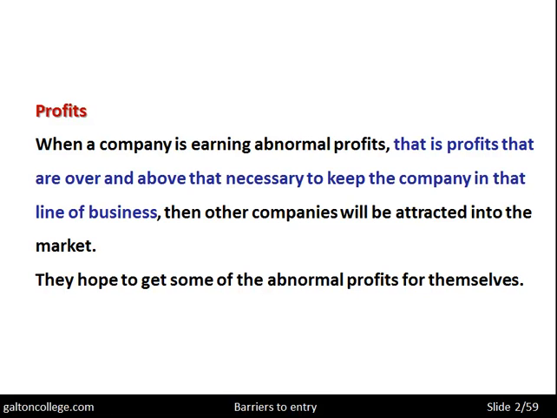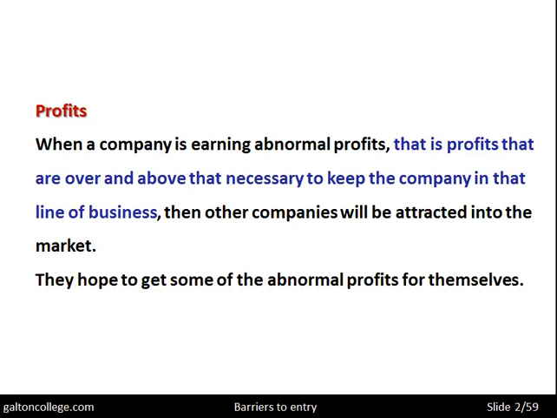If a company is making abnormal profits, this will be a signal to other companies to enter the market. Of course, this depends on whether the other companies know that the company is making abnormal profits. So sometimes companies may try to hide their profits. But if other companies know that a business is doing really well and making abnormal profits, then they will want to join in to try and get some of those abnormal profits for themselves.